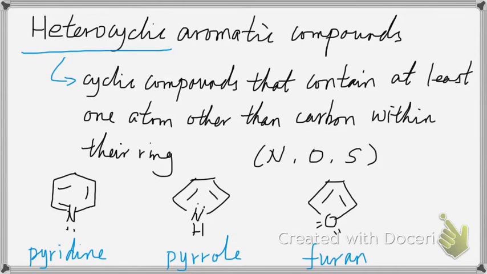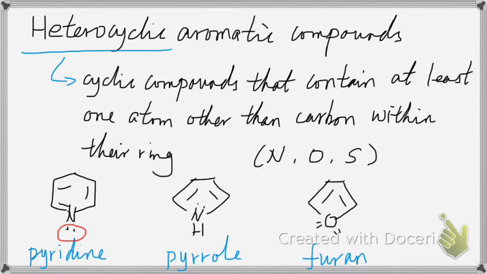For pyridine, we do have 6 pi electrons available from 3 pi bonds, right? So there's no problem. And I do want to mention one thing here. The lone pair of electrons on the nitrogen will not be part of the aromaticity. Okay?